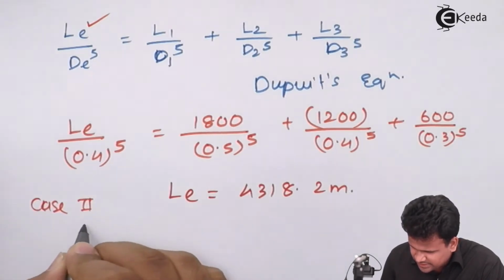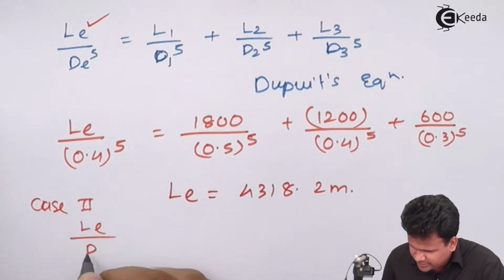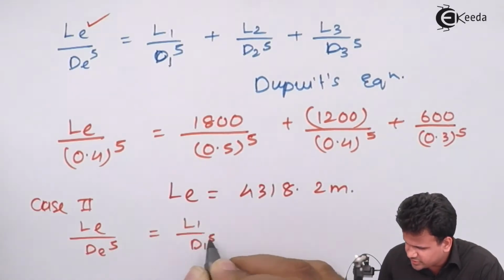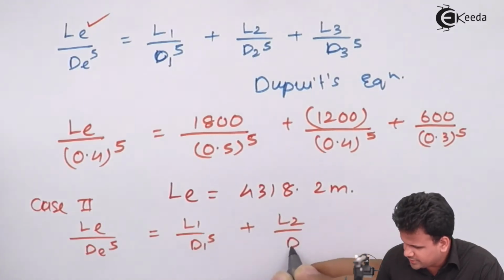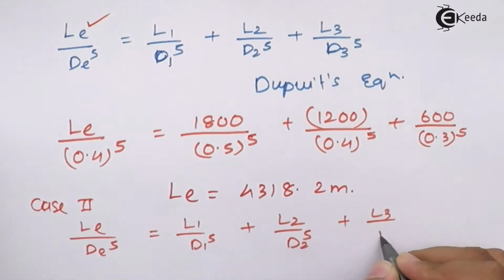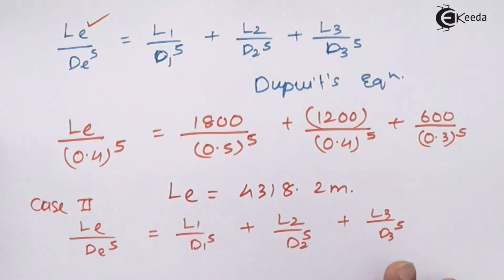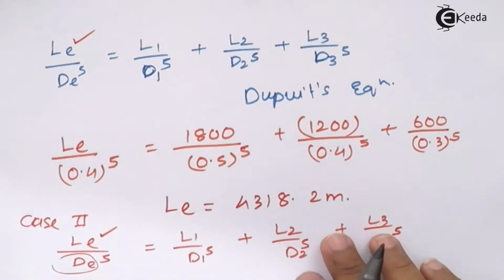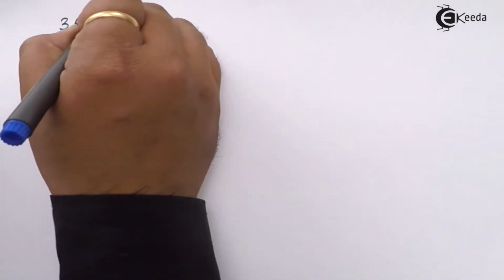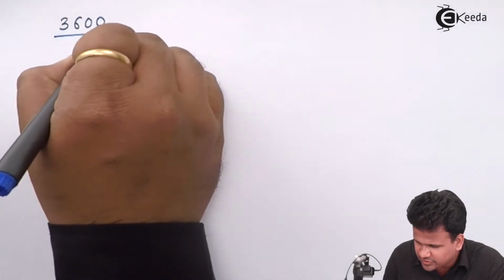Case 2, this is LE upon D equivalent raised to 5. This is L1 upon D1 raised to 5 plus L2 upon D2 raised to 5 plus L3 upon D3 raised to 5. So we have written the same part, but over here this is known to us and this is unknown. So let us substitute the value. LE is 3600, that is the equivalent length. Diameter equivalent is unknown.